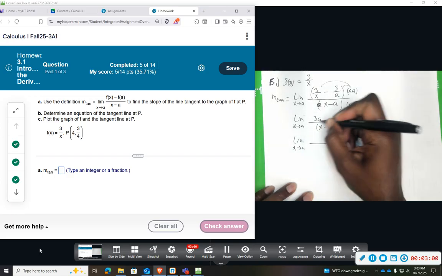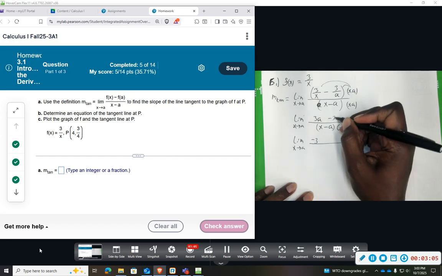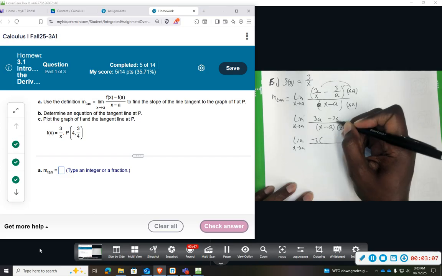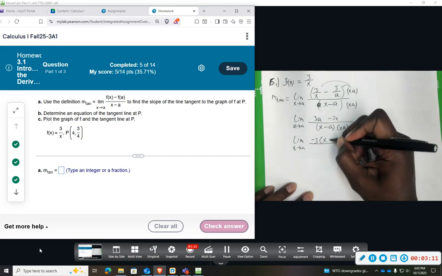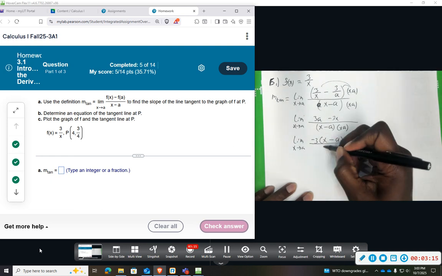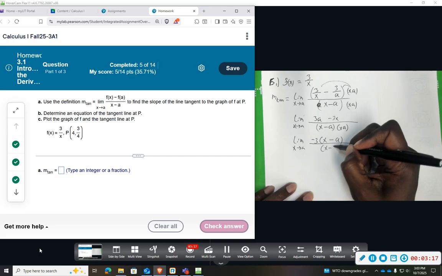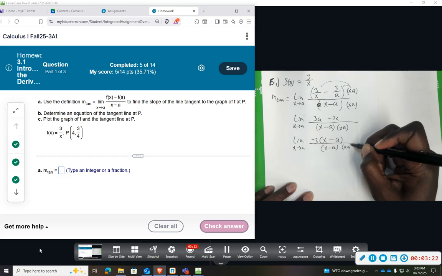So if we factor out a negative 3, this negative term will become positive, so I'm going to put the positive x out front. Factoring out a negative 3 will make that a negative a, change the sign, leaving me with the x minus a on the bottom and our xa term here.